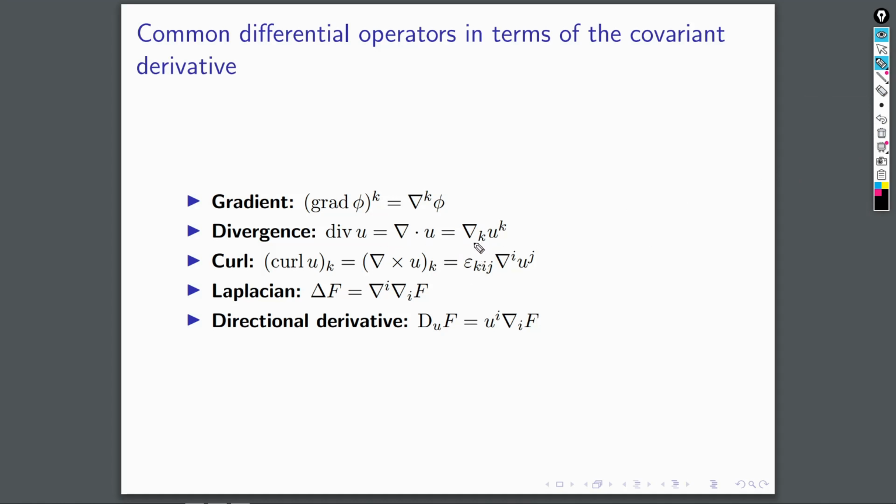So the gradient is just the index raised version of the covariant derivative. The divergence of u is basically just the inner product of the covariant derivative with the entries of the vector.